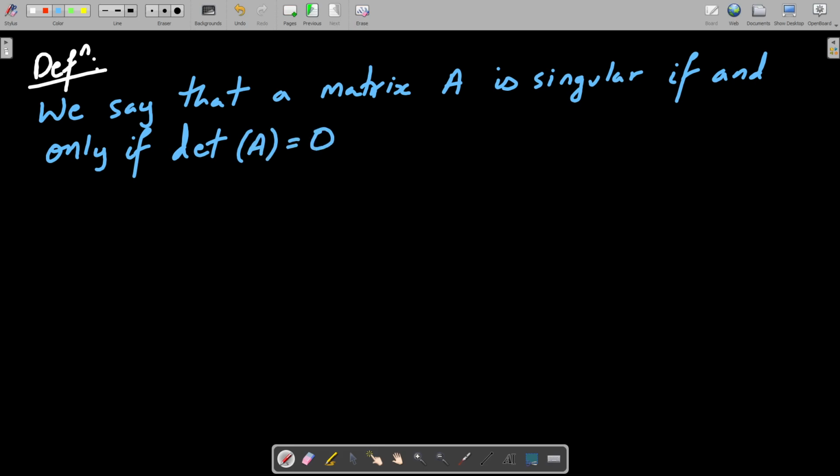Singular matrix means a matrix whose determinant is 0. Okay, this is the definition of a singular matrix.